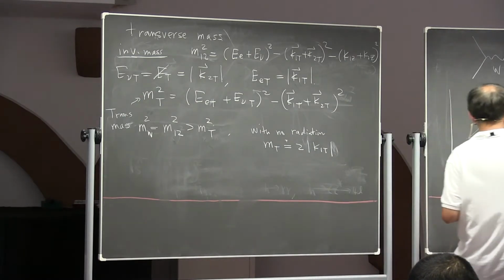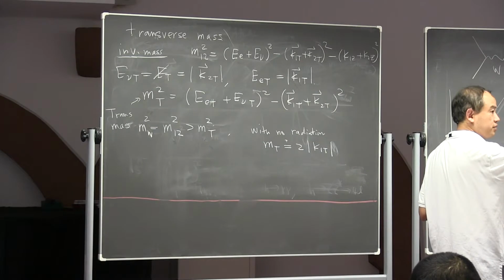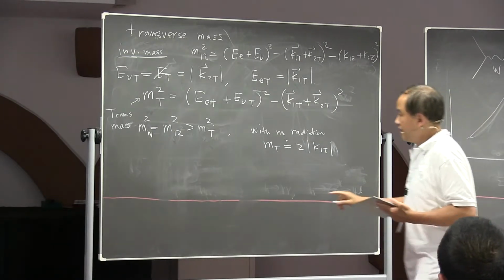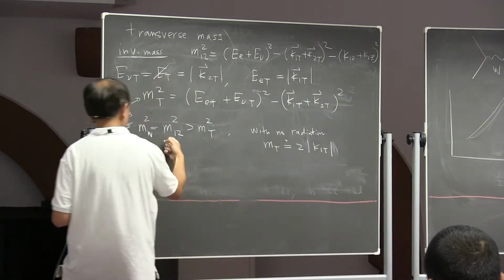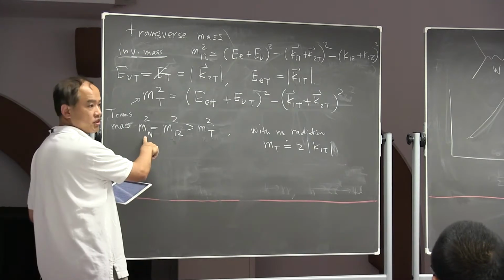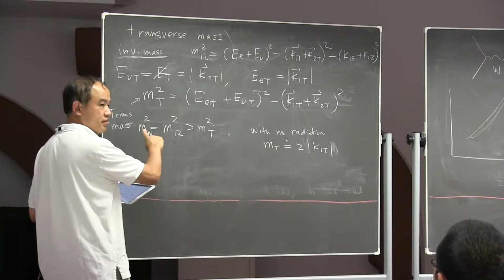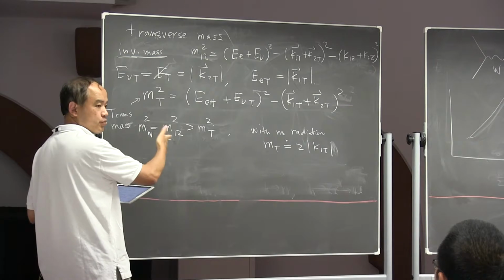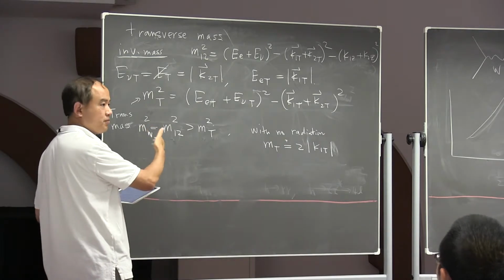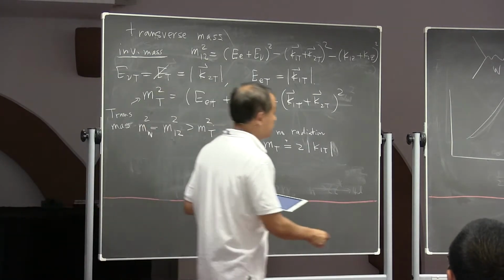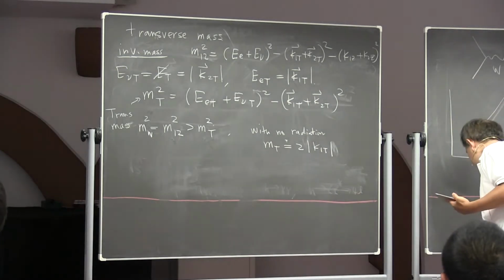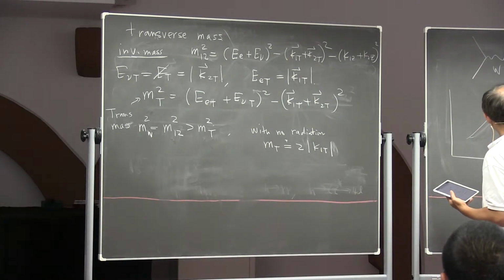But the endpoint is not infinitely sharp, because this relation relies on the W produced exactly on shell, but usually it's not exactly on shell. At least it's spread out by the width of the particle. So this distribution will be something like this.